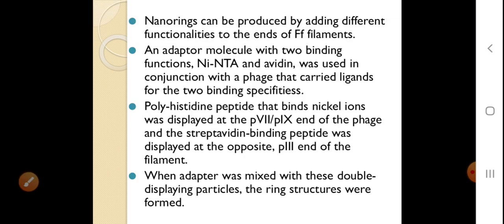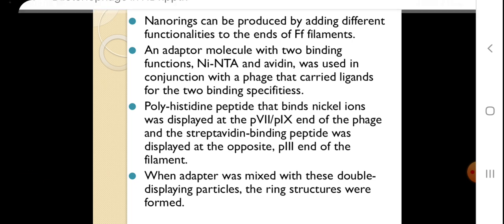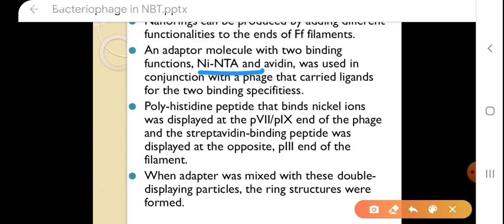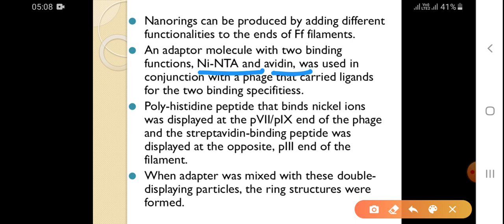Similarly, nano rings. Now here, these nano rings can be produced by adding different functionalities to the ends of the M13. So at the two ends of the M13 there are two binding functions, one with the nickel molecule, the other with avidin. So if this is the phage, it is bound here. Your nickel molecule and avidin molecule are now bound here.